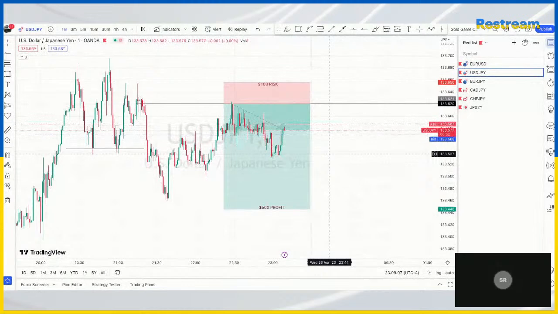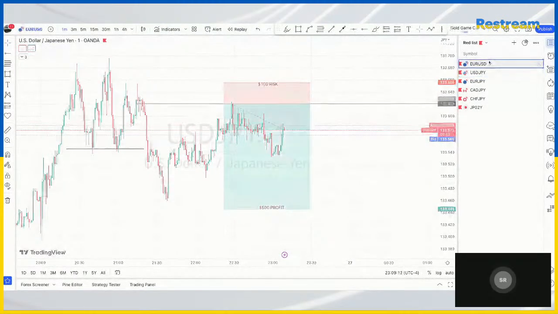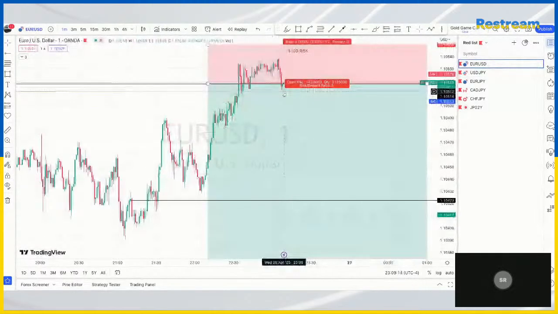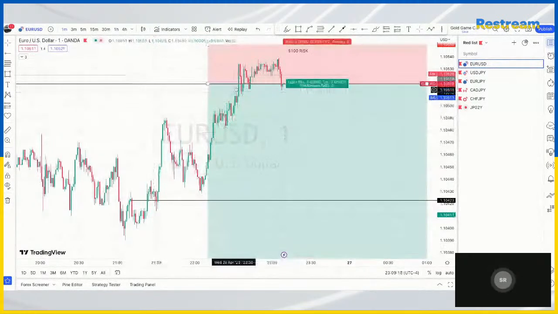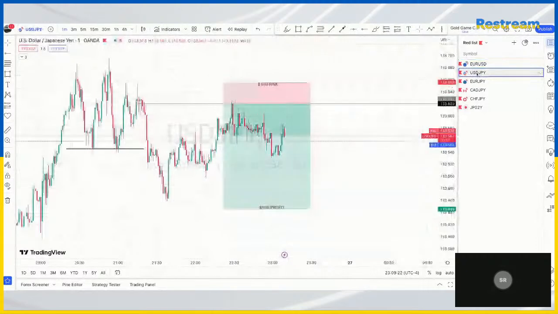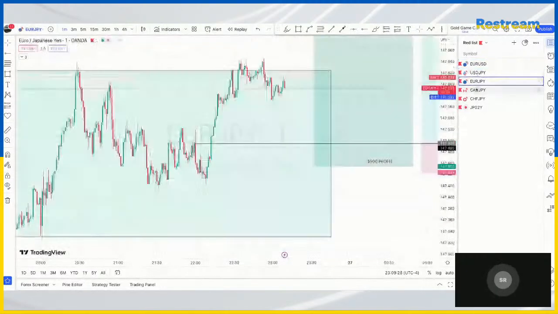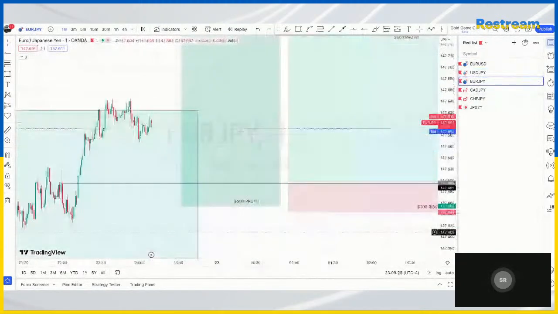So that's basically it for tonight. That's just Euro USD. That one slightly hit drawdown, went back to break even basically. So now we're just waiting for a drop. This one's in profit, Euro JPY. It can't make up its own mind, it's in between these two trades.